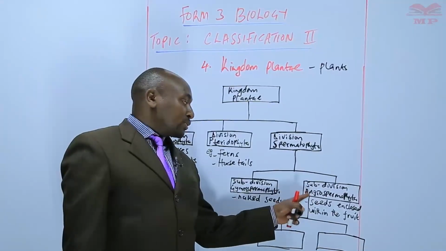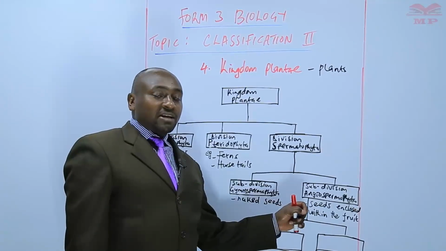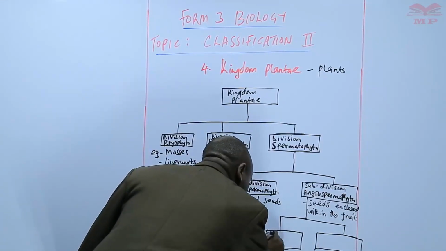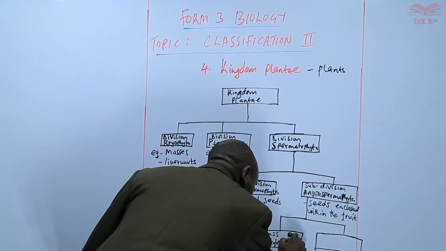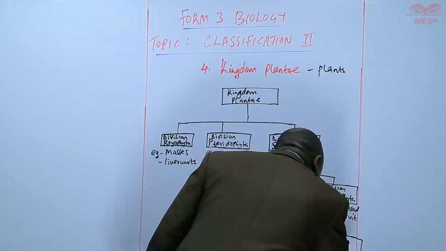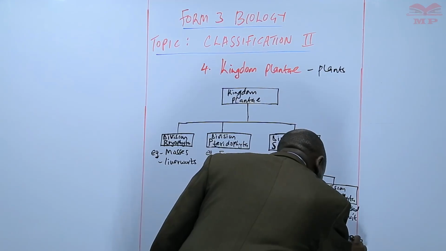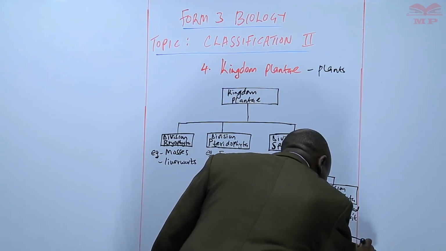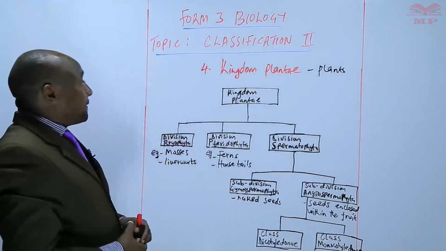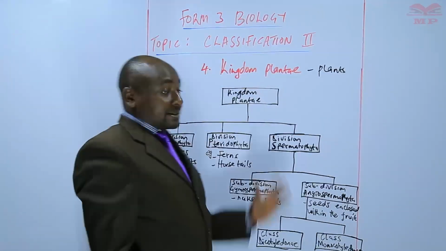So those ones are part of the Angiospermaphyta. So we have the class Dicotyledonae, and then we have the class Monocotyledonae.